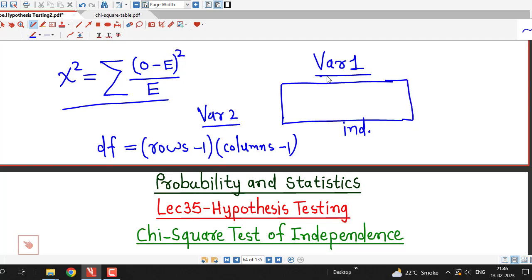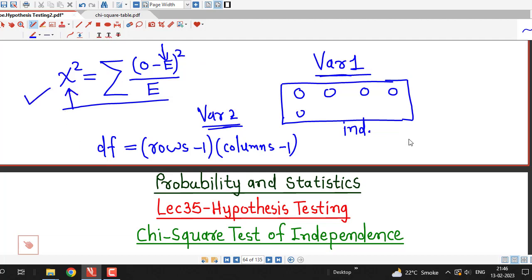We will be given tabular data, or a contingency table, which indicates different categories for variable 1 and variable 2. Here we have observed frequencies, we find the expected frequencies, and then we find the value of the test statistic using this formula.